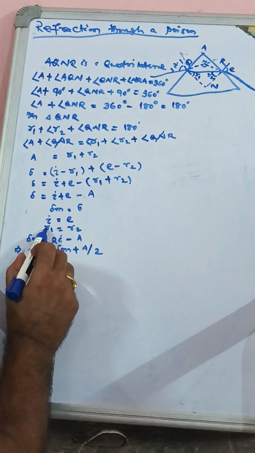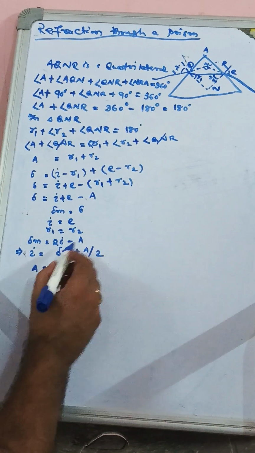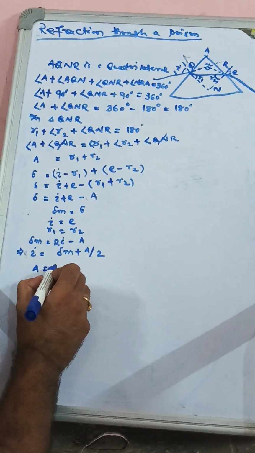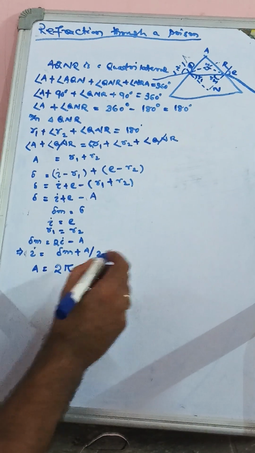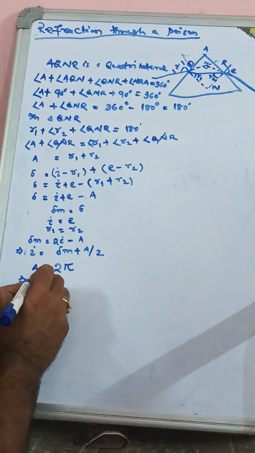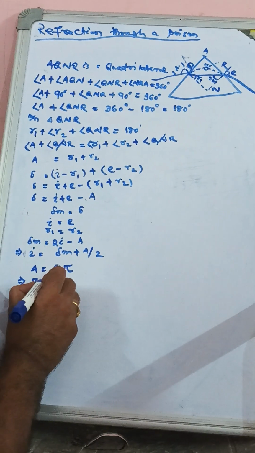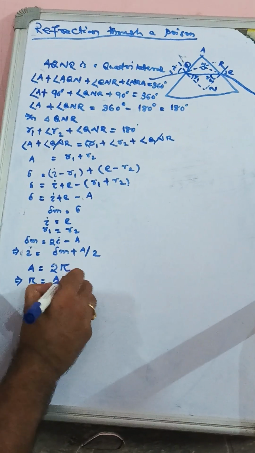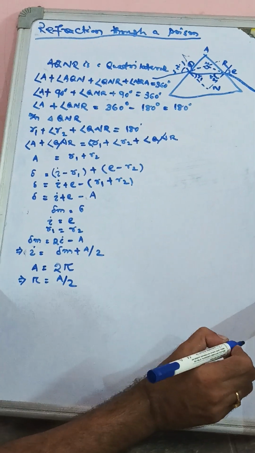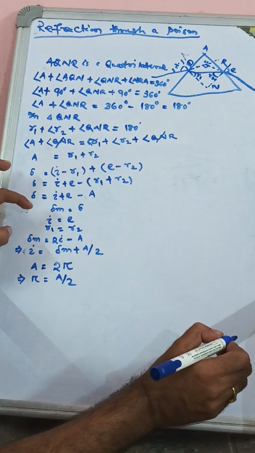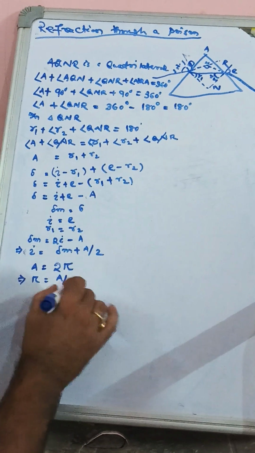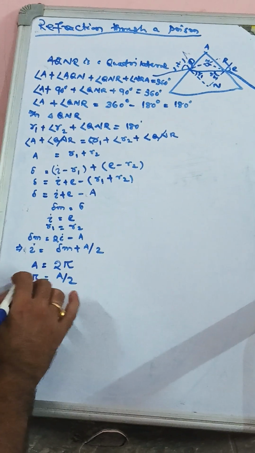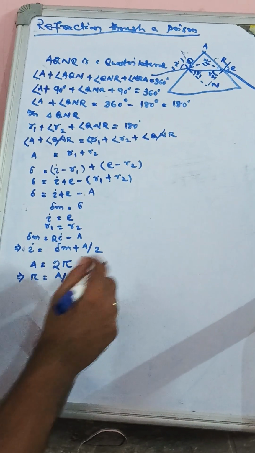I will write R1 is equal to R2, then A is equal to 2R. This implies that R is equal to A by 2.